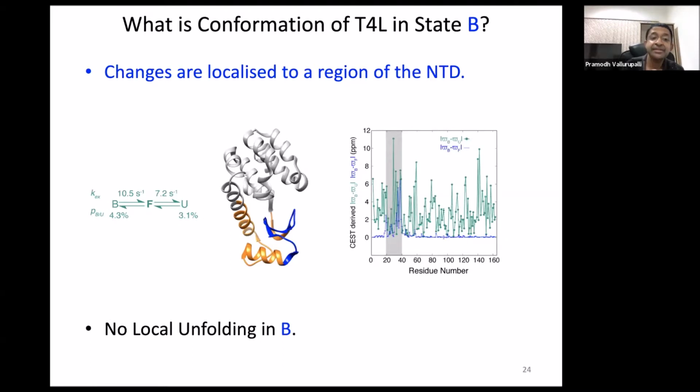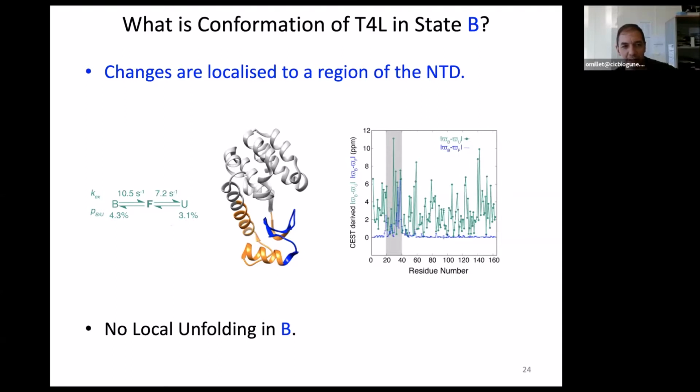If the lifetimes of the two states are somewhat different, it will be better to use different radio frequency amplitudes for the two frequencies.